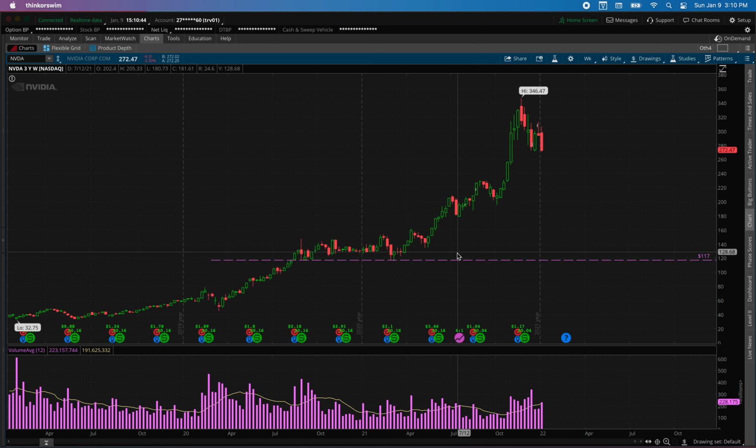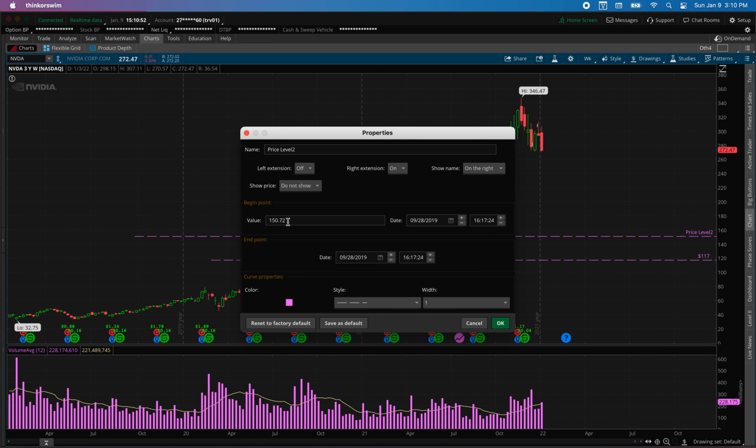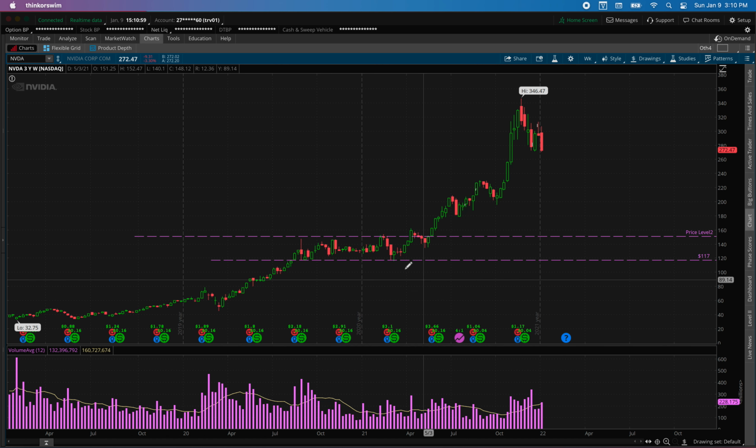Another level that I'm going to chart here is right around 150. Since we are rounding up, it's going to be 151. And I'm going to go into why I chose this level. As you can see, even though this candle here did not completely touch that level, it came very, very close before it was rejected. Then again, these two candles came very, very close to that level.